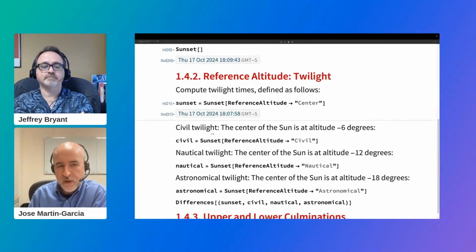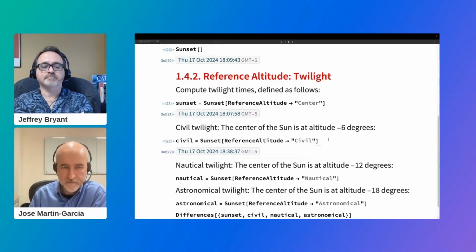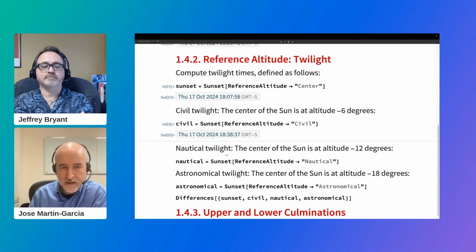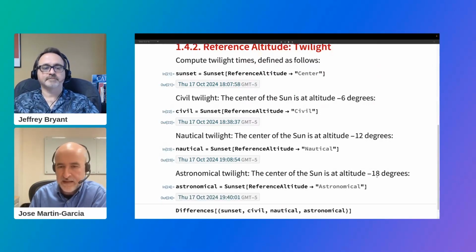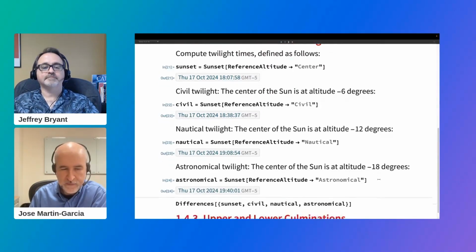The civil twilight is defined to be when the sun reaches 6 degrees below the horizon. Then the nautical twilight is even later, so it's darker, 12 degrees. And the astronomical twilight, when astronomers can start making observations with a very dark sky, is even later, 18 degrees below the horizon.